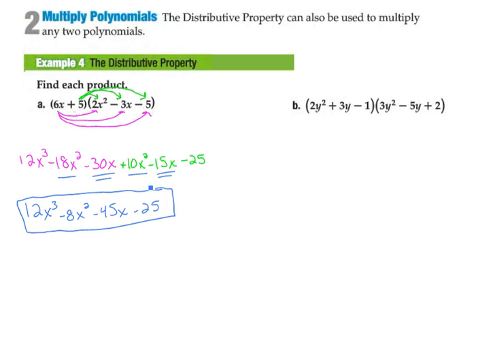Okay, look at B. We are now multiplying a trinomial by a trinomial, which means we are distributing 3 terms through that trinomial. So first term we're distributing. This is where the arrows really do help, because this does help us focus on what we're multiplying through. So that 3y is being multiplied by each piece.